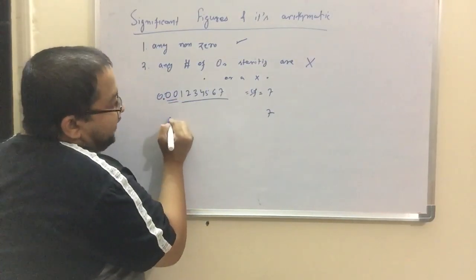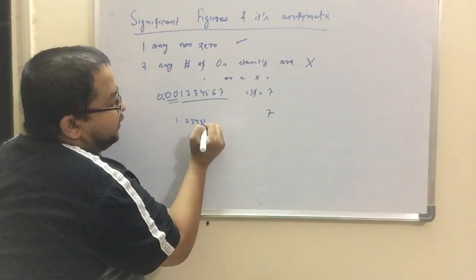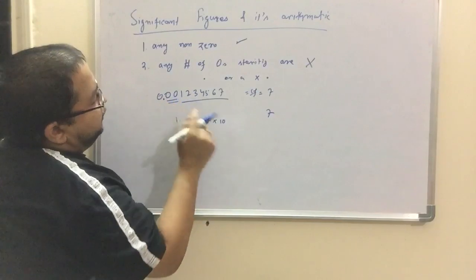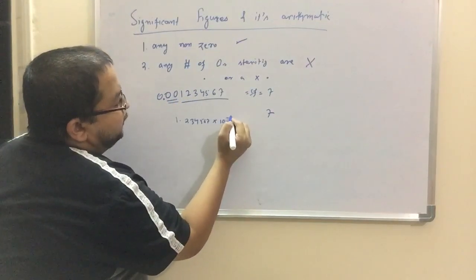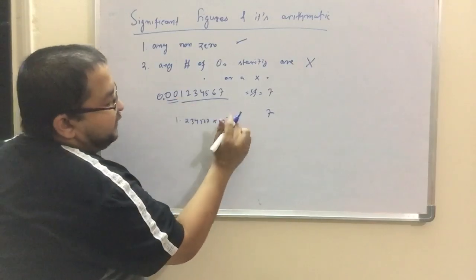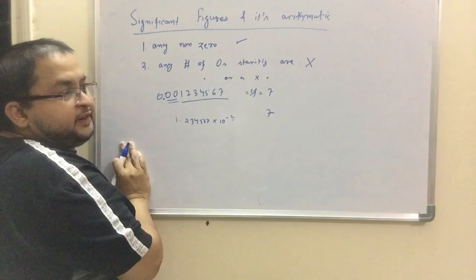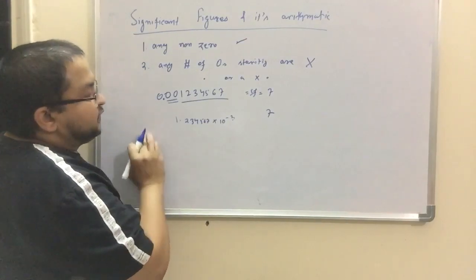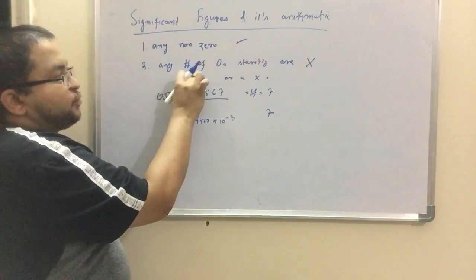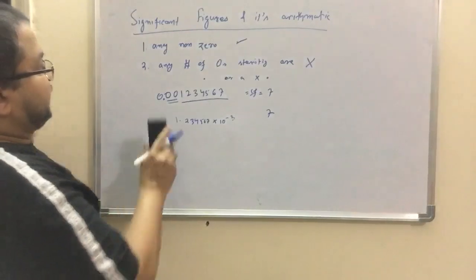So if I say it's 1.234567 into 10 to the power minus, sorry, it will be 3. So that is it. These zeros are non-significant. Okay, so we'll say that the initial zeros in any number are not significant.